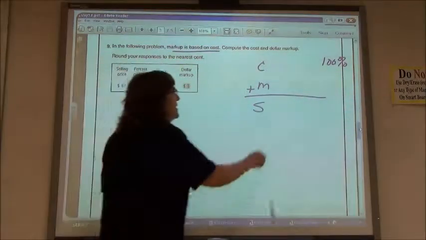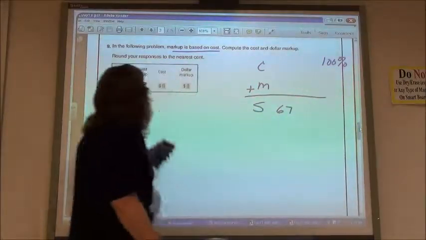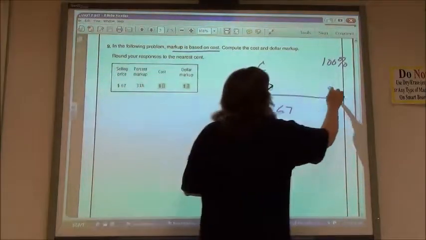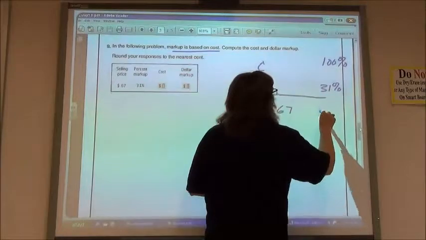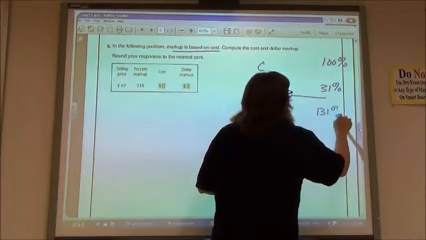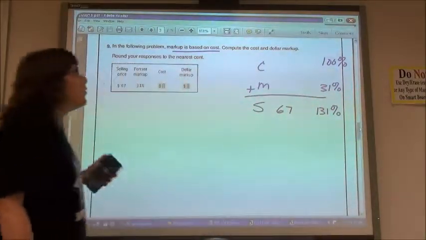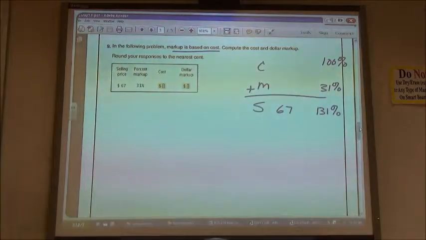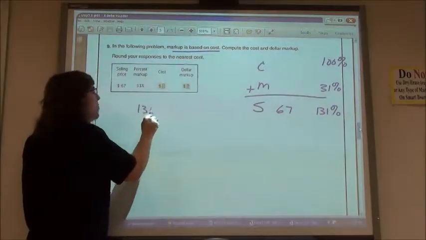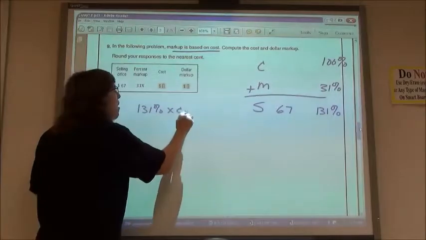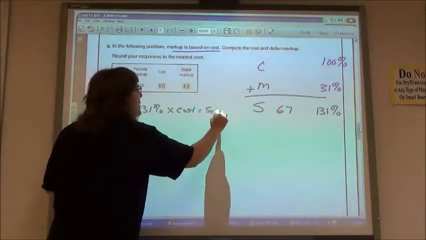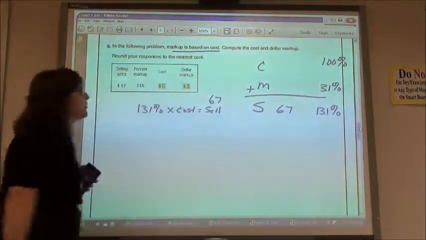Selling price, $67. The percent markup, 31%. That means the percent over here on my selling price is 131% of my cost. So 131% times the cost has to equal the selling price of $67.